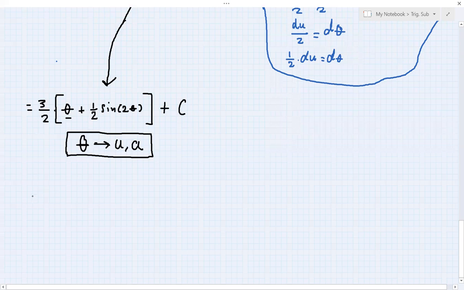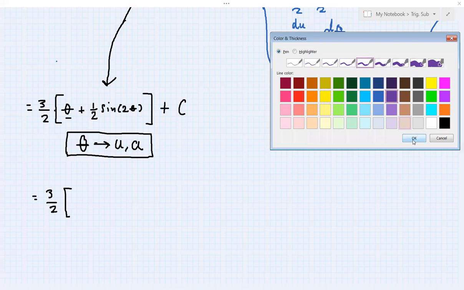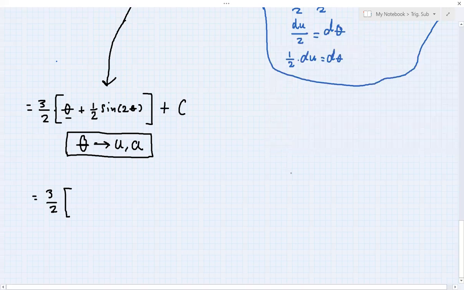So, dito tayo. 3 halves times. Recall natin kanina. Lagay natin dito. Dito na lang.